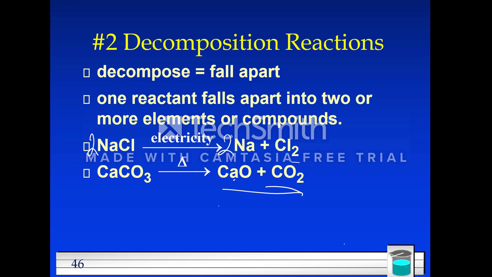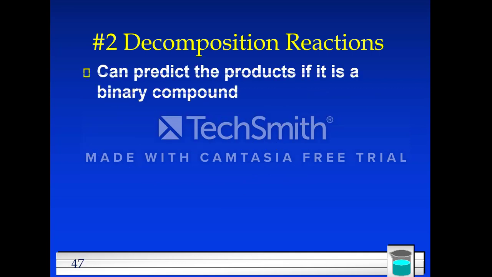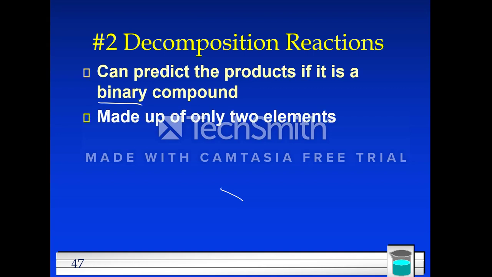All right, so if it's just a binary compound, if it's just made up of two elements, we can predict what it's going to make. It wasn't hard to figure out that NaCl was going to make Na and Cl. You only got two elements, and you're going to change. The only way you can change is not be together anymore.